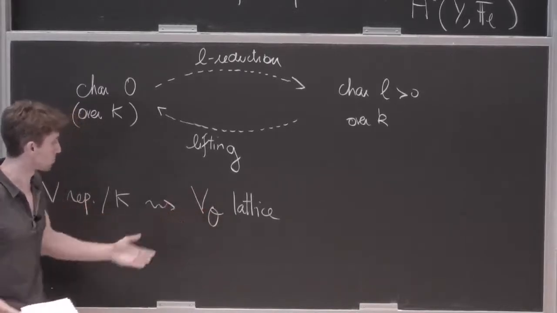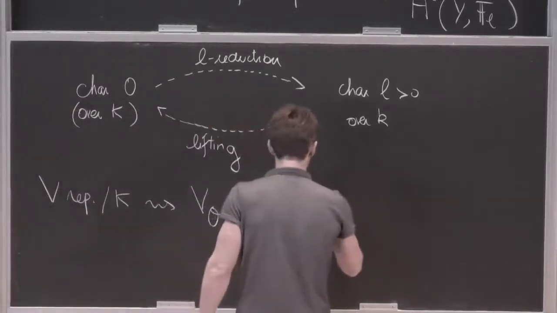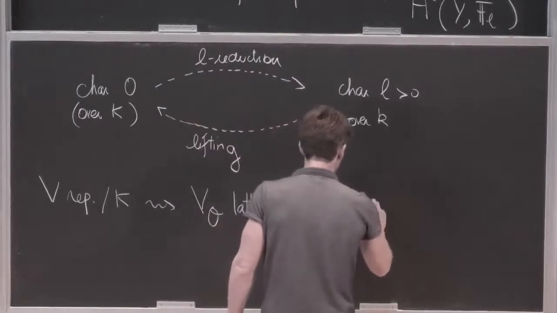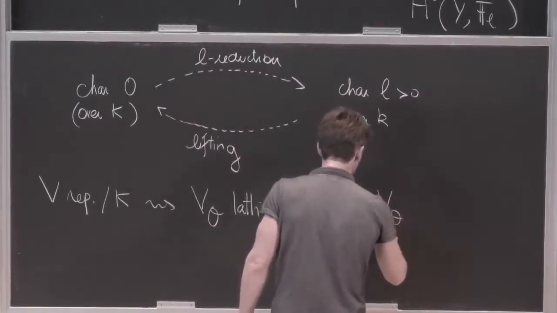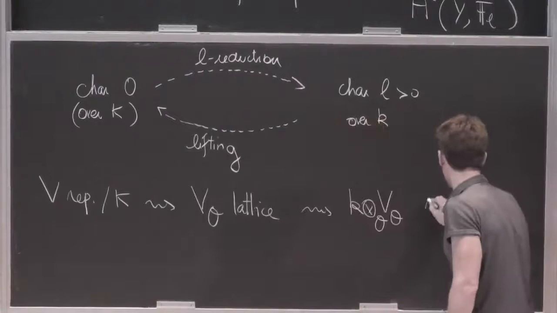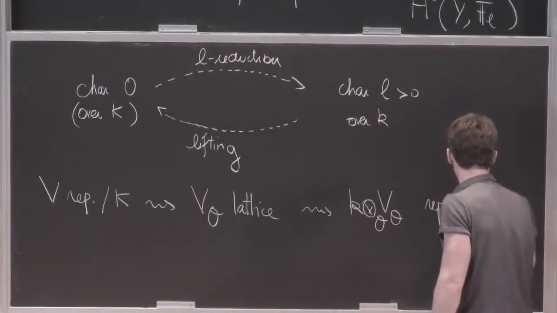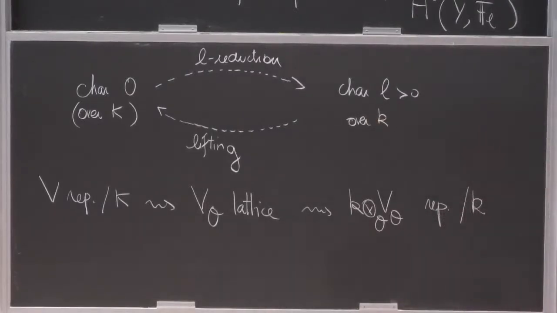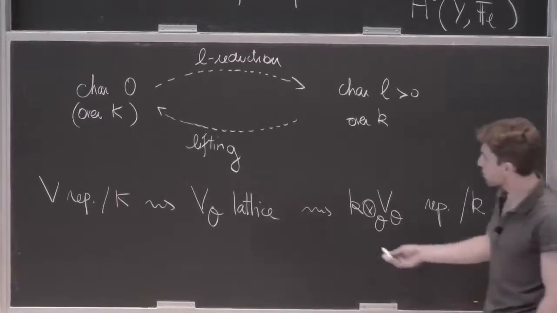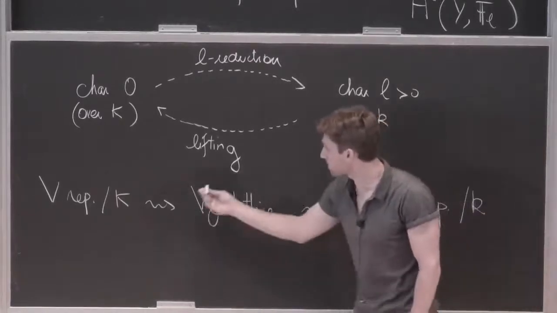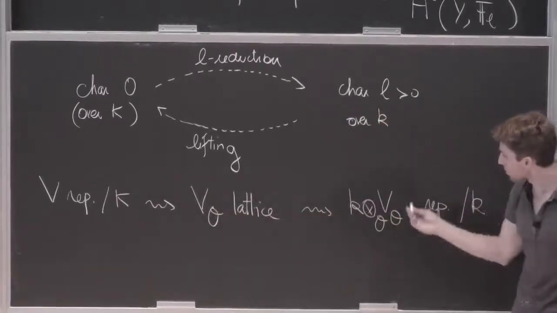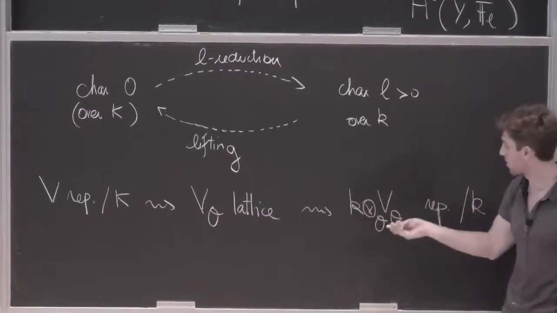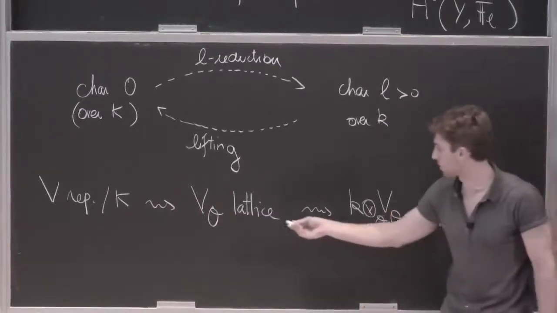So it really depends on some choice, but you can reduce it modulo l to get a representation over k. But what matters is that whatever the choice you make for the lattice, the composition factors, so all the simple subquotients of this representation, do not depend on the choice, okay?